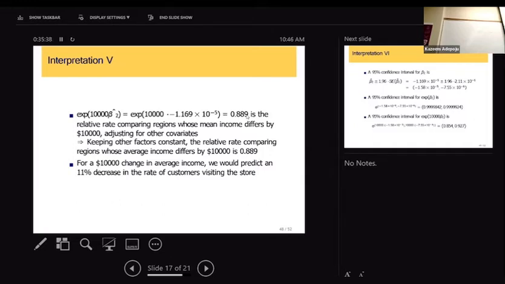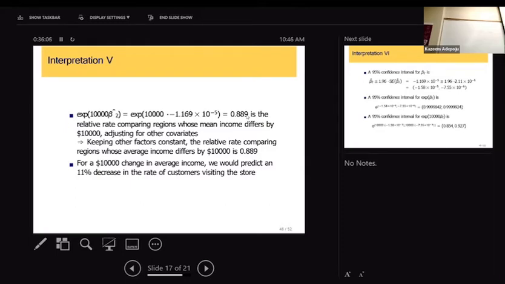What we're trying to say is that, keeping other factors constant, the relative rate comparing regions whose average income differ by $10,000 is 0.889. If you multiply that by 100 in percentage and subtract it from 100, that will give you 11%.